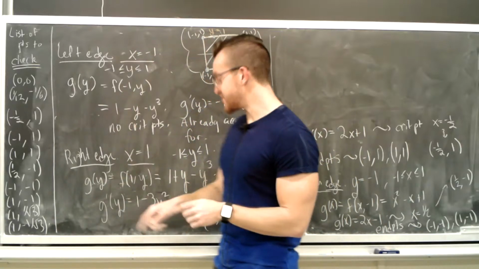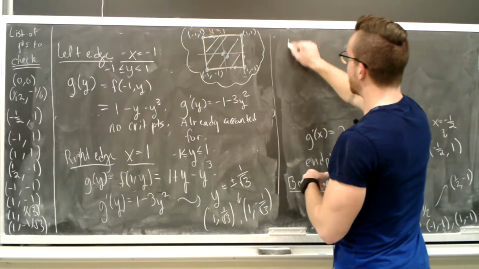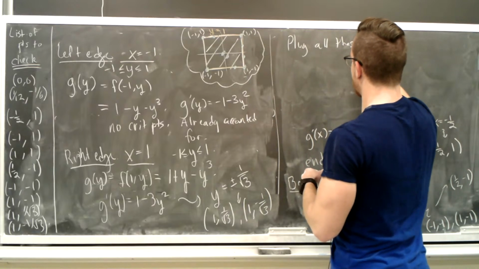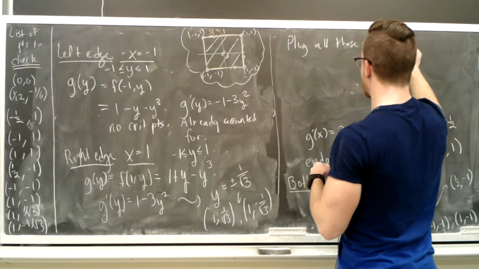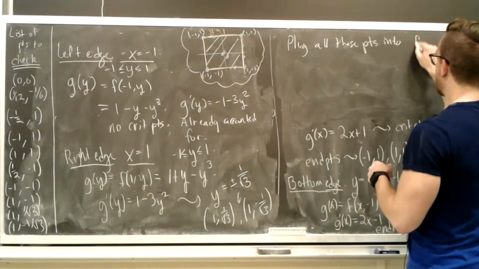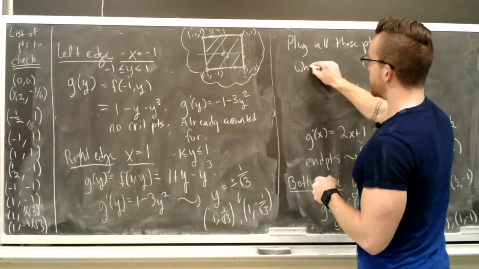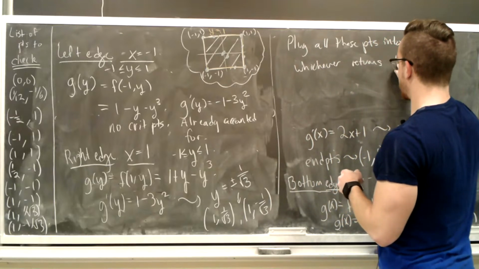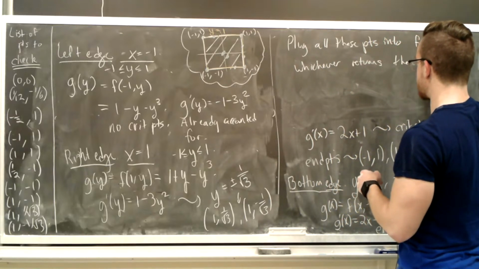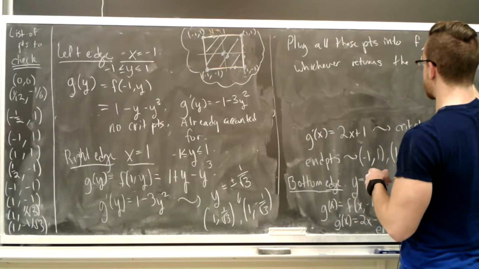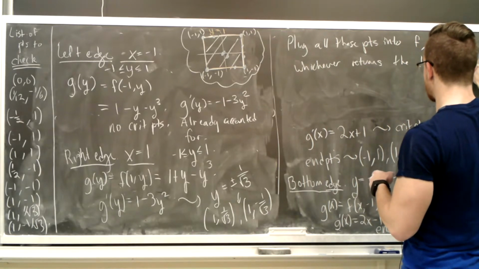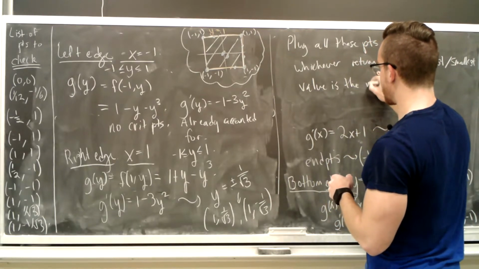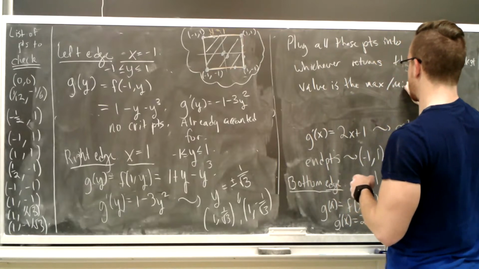And I think if you just said what I would say, which is plug all these points into f, and whichever one returns the largest or smallest value respectively is the max or min respectively.